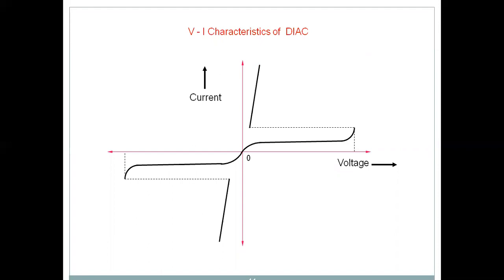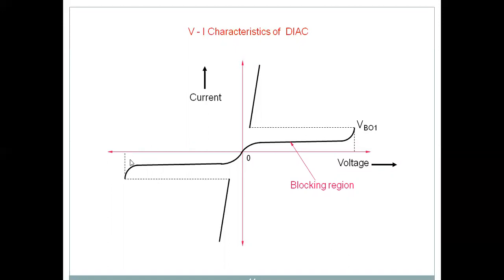And this is the VI characteristics. It looks symmetrical between quadrant 1 and quadrant 3. This is called the blocking region, and this is the forward breakover voltage.